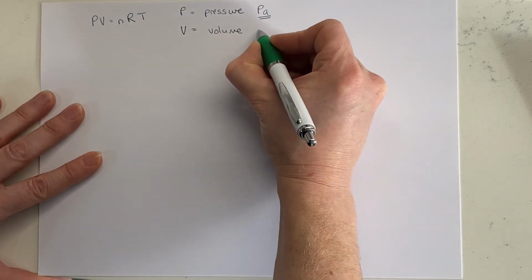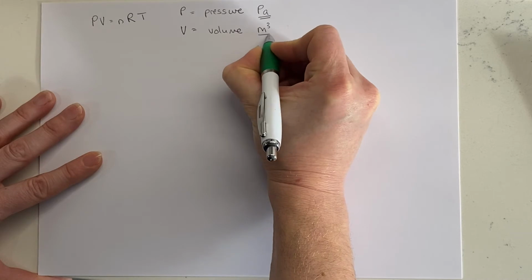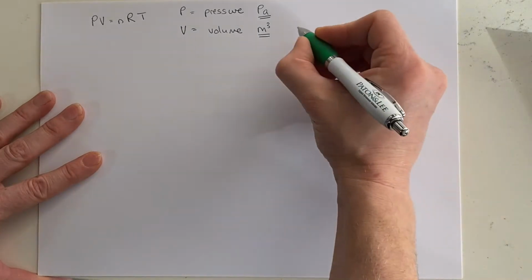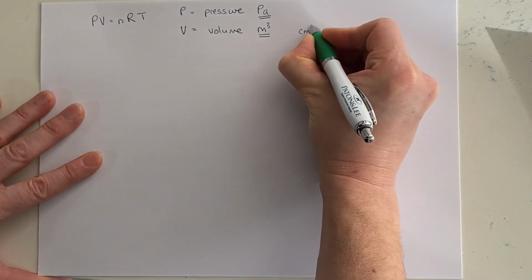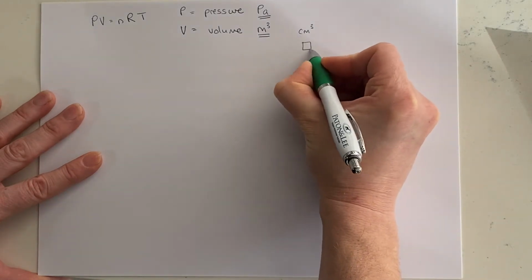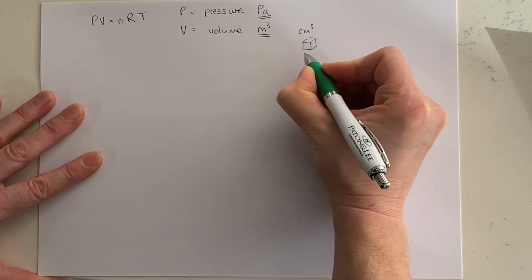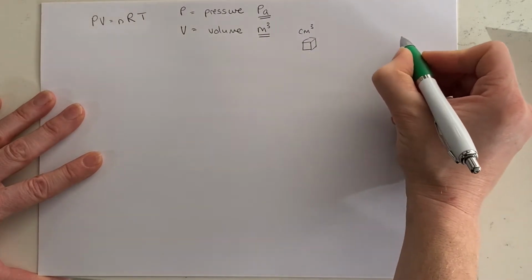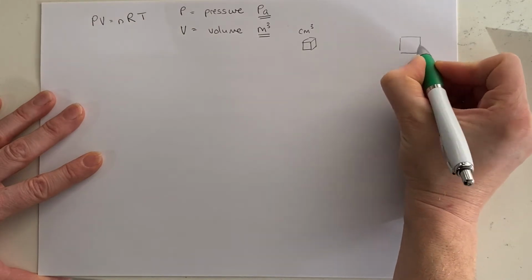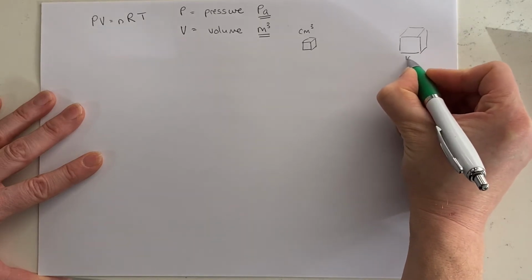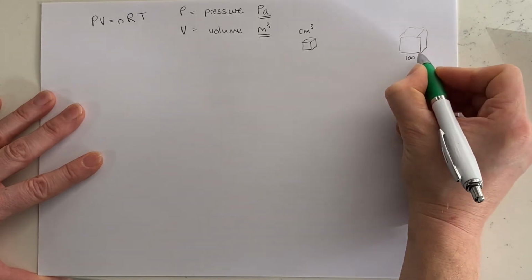So volume here has to be in meters cubed. So we have to be dealing on the scale of meters cubed. If you have a value in centimeters cubed, to get up to a metre cubed, if you think about what you learnt about a metre at school, a metre is 100 centimetres.